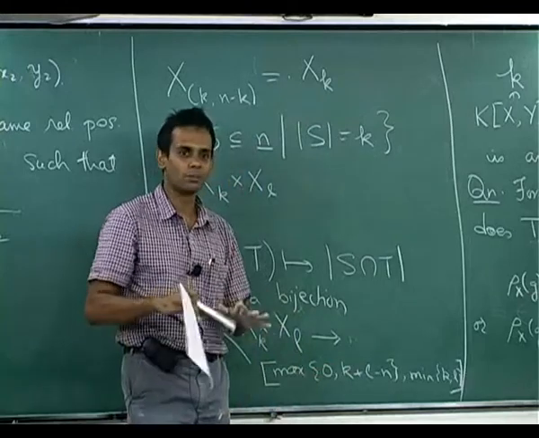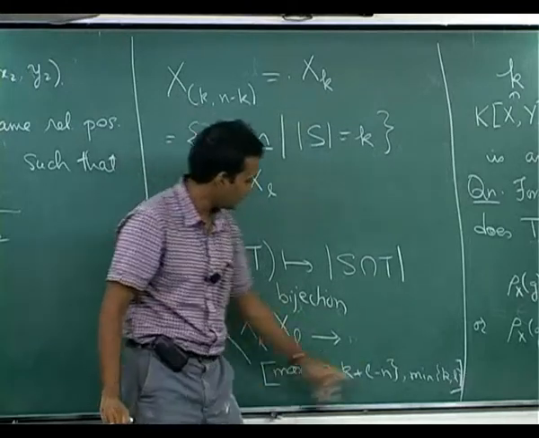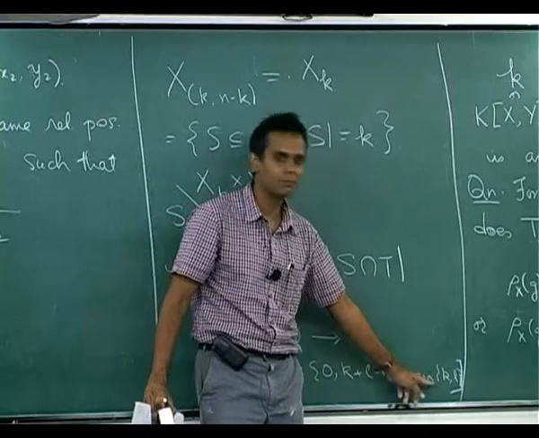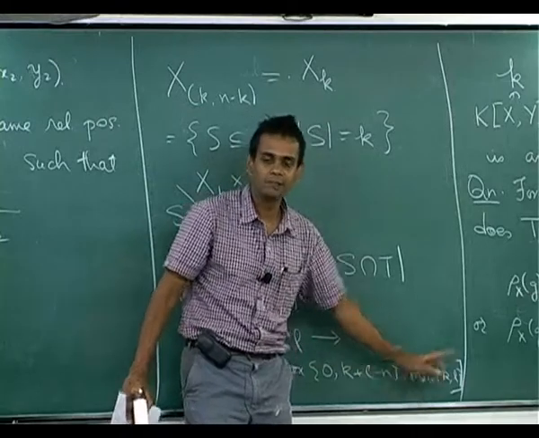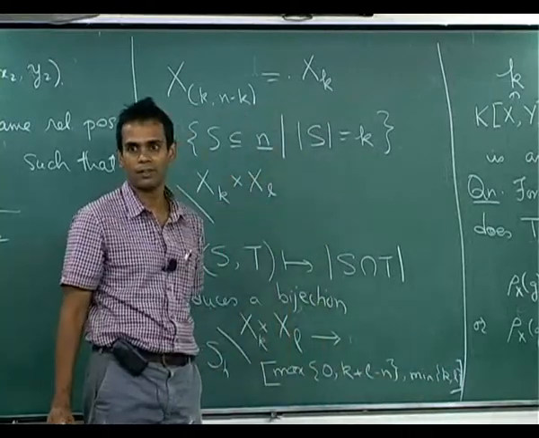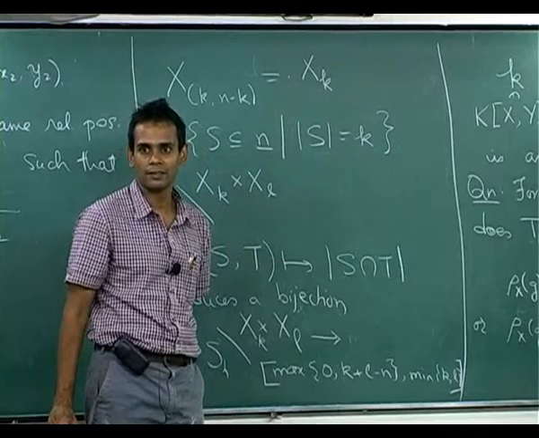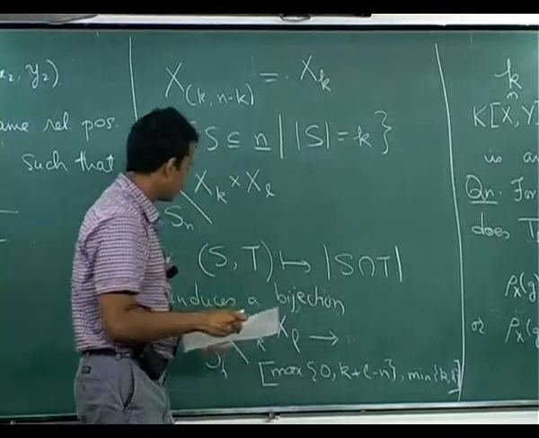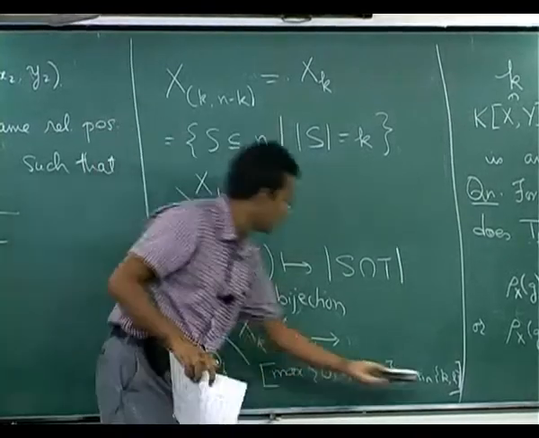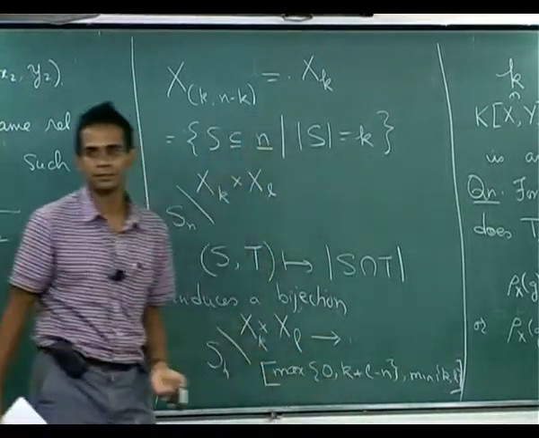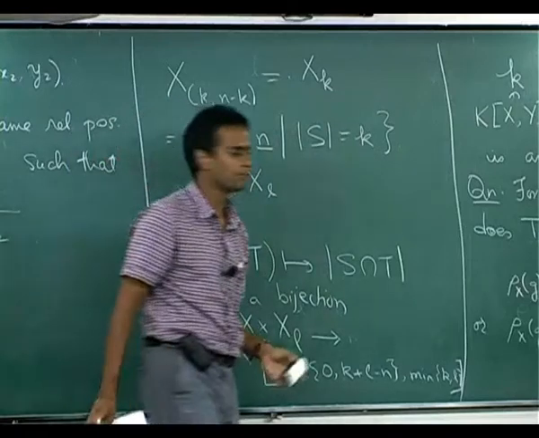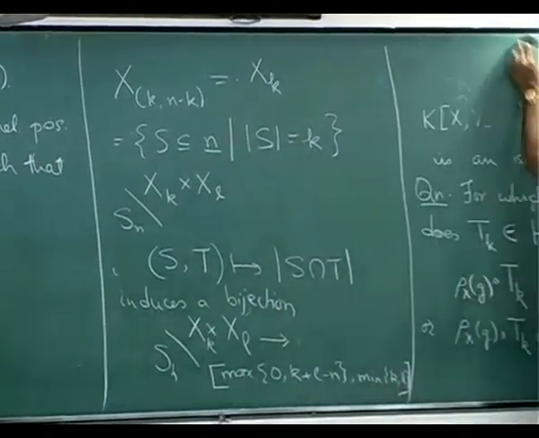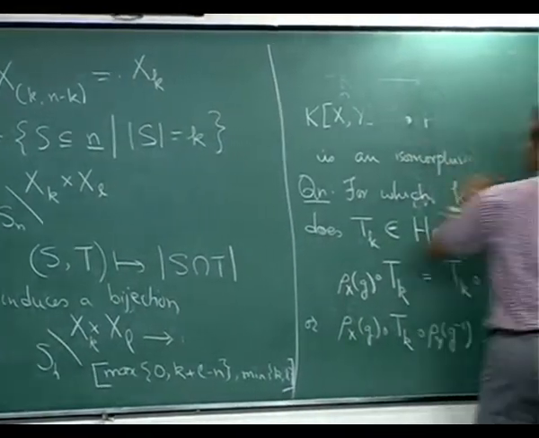That's the smallest possible intersection. And the largest possible, of course, is when one subset is contained in the other, in which case you get the minimum of k, L. So you get the cardinality of this as this minus this plus 1. Right? That's the cardinality of an interval of integers.